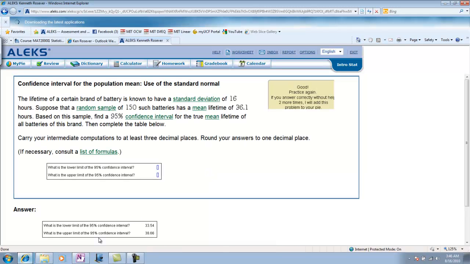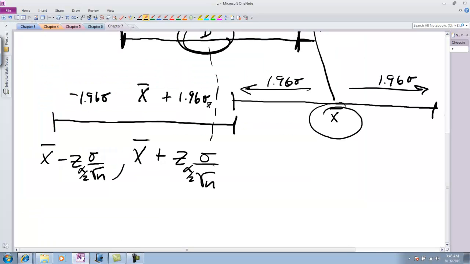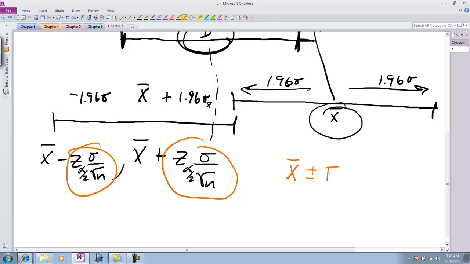All right. Before I do another one, let me just point out one little thing here. This term is called the error, because what we really have when we do an interval estimate is our point estimate, which is x bar, plus or minus our error.